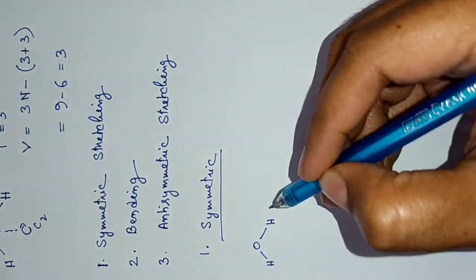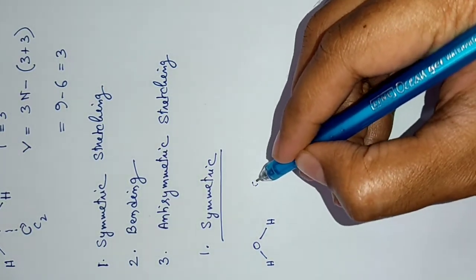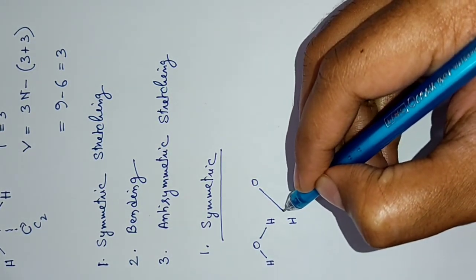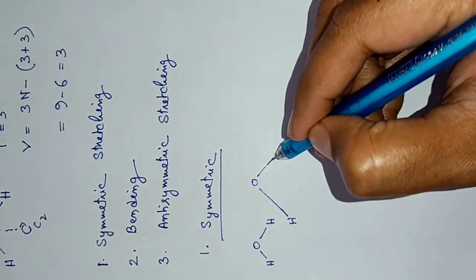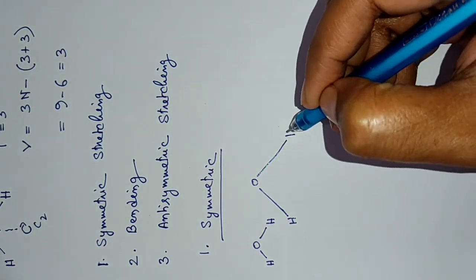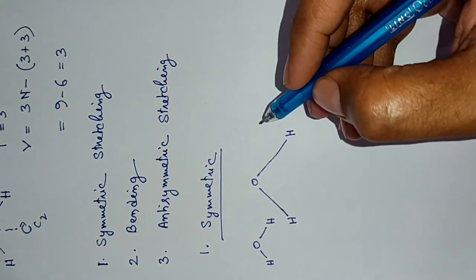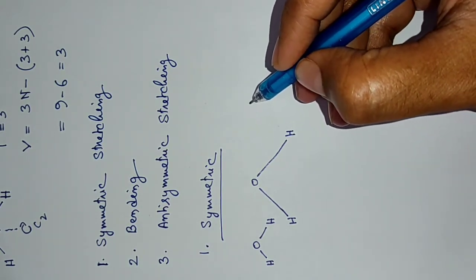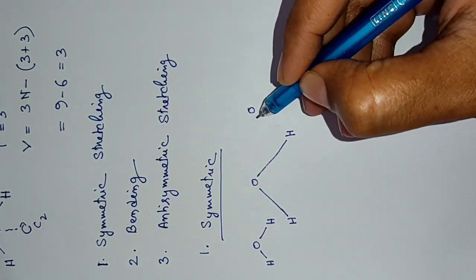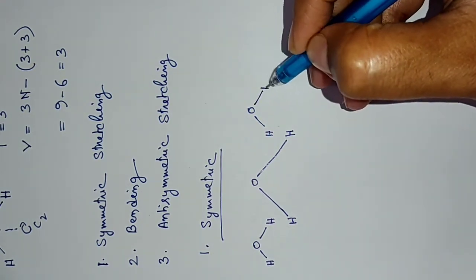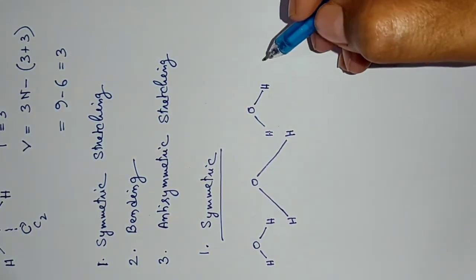This is the equilibrium position. Expansion will be on both the bonds. Again the equilibrium condition will be back.